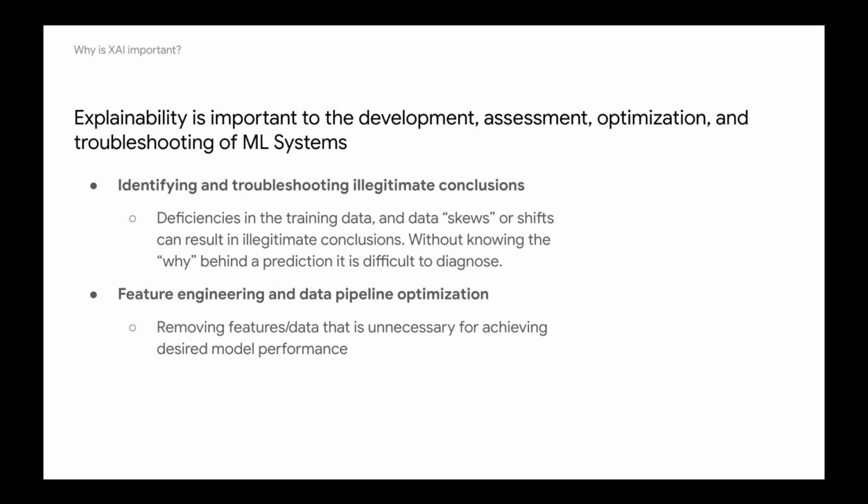Also, explainable AI is really important when you want to do these types of feature engineering and data pipeline optimization. If you know what your model is actually relying on to make decisions, you can optimize those pipelines. But without that information, it's hard.